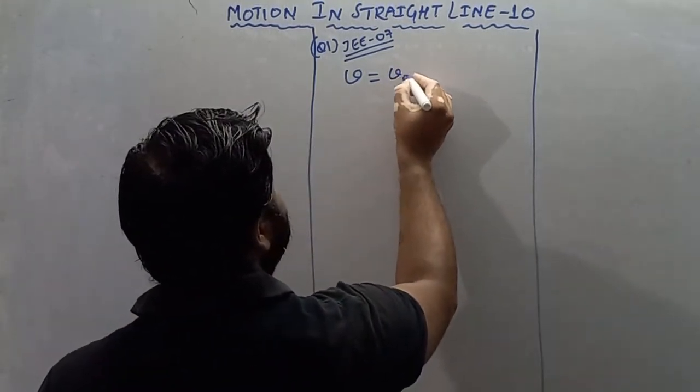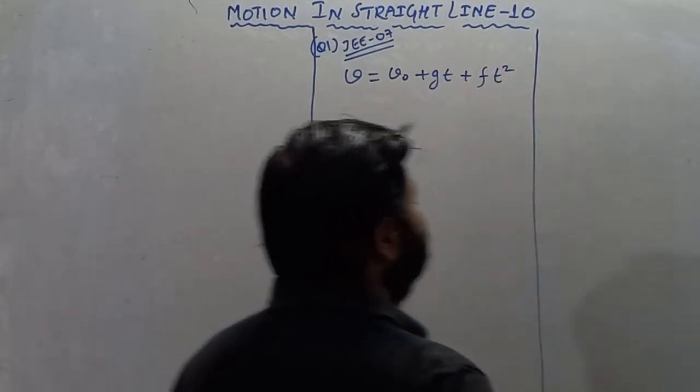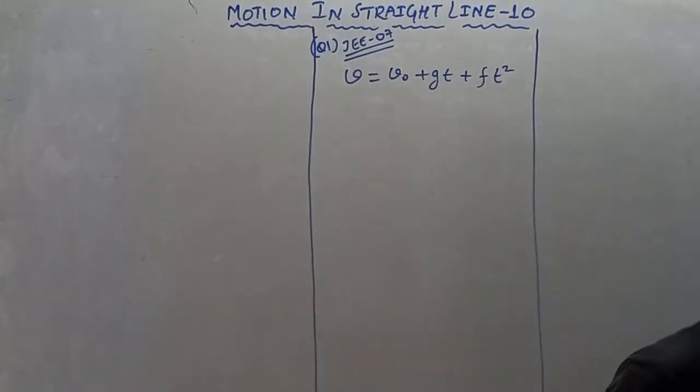V equals V naught plus GT plus FT square.